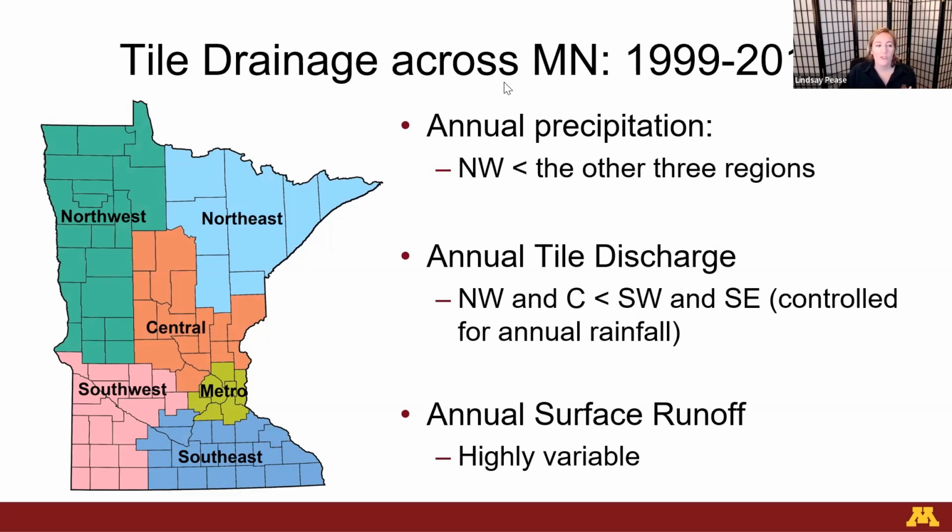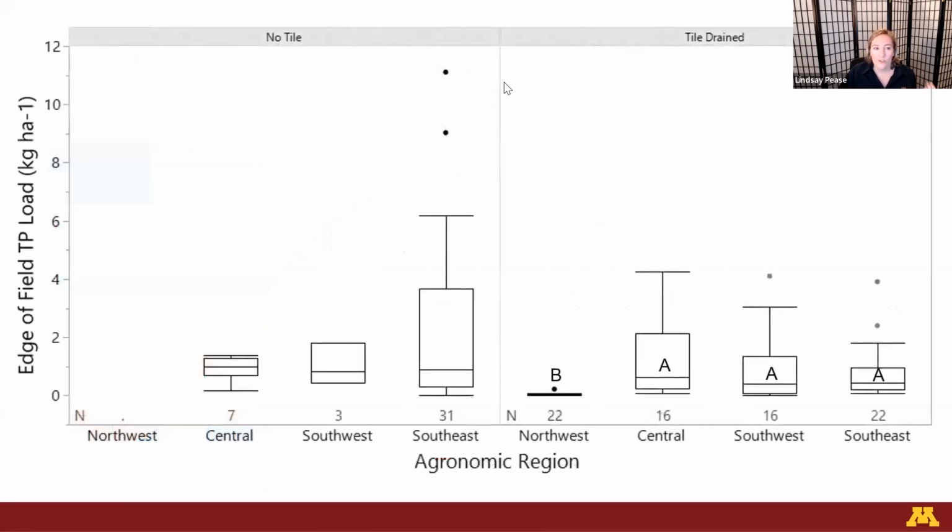When this comes to moving soils, and this is a total phosphorus load, on the left-hand side of the screen, we see fields that do not have any tile drainage, and on the right-hand side, we see fields that are tile drained. This really translates to our phosphorus losses tend to be more predictable and less variable in our tile drained fields.